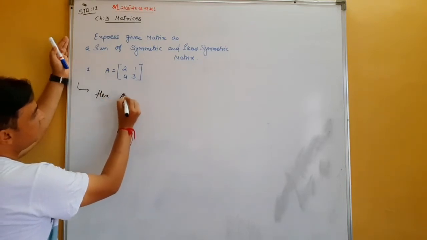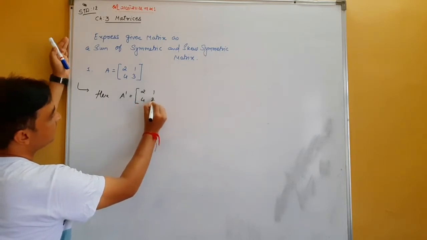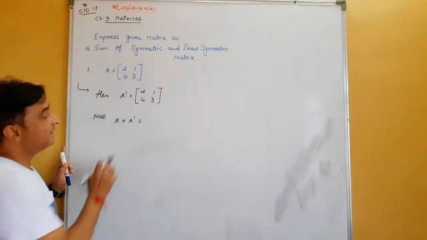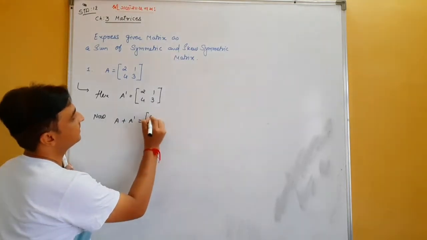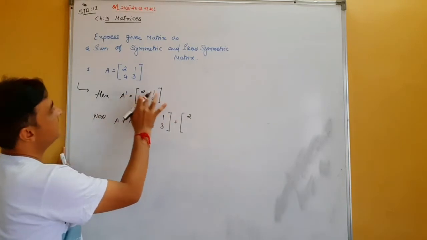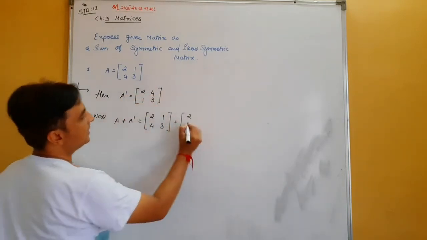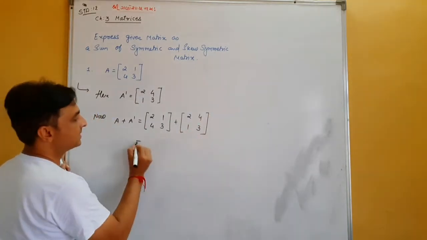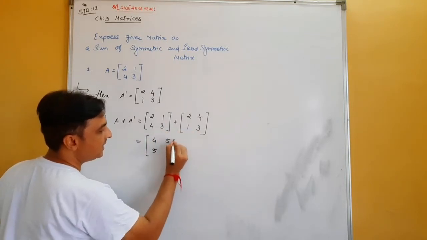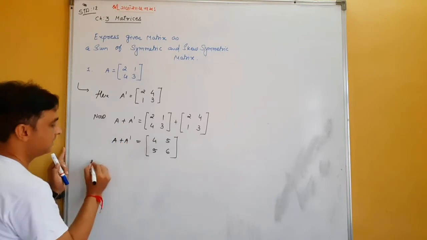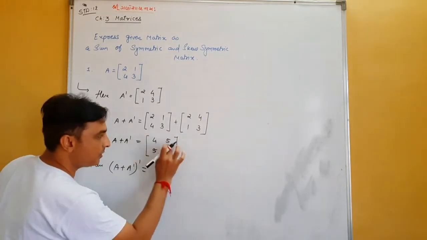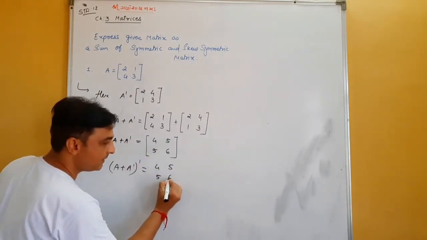Here A' is [2 4; 1 3]... Now, what is A plus A'? Add the original matrix to its transpose. Adding them: 2 plus 2 is 4, 1 plus 4 is 5, 4 plus 1 is 5, and 3 plus 3 is 6. Now take the transpose of (A plus A'): [4 5; 5 6].